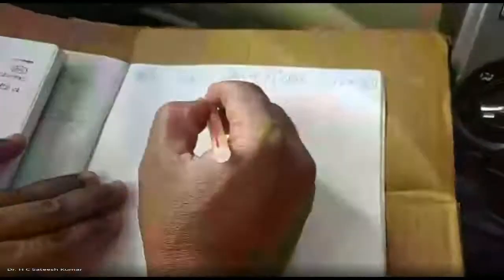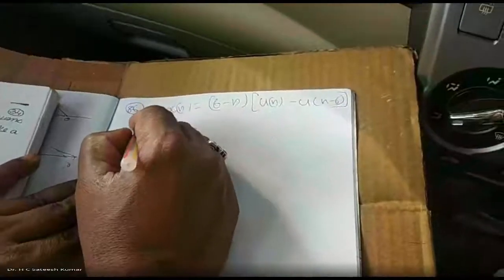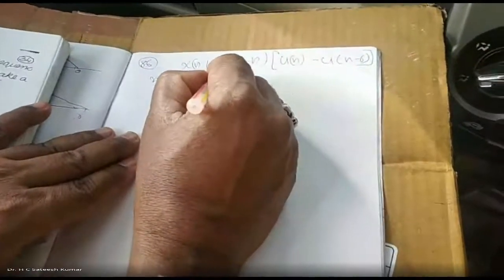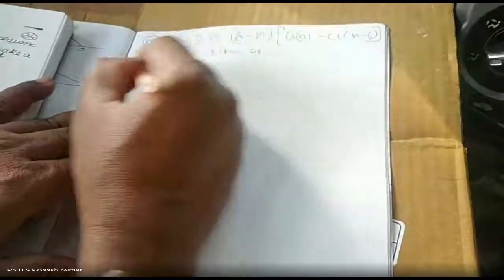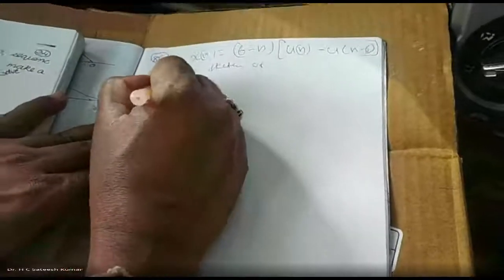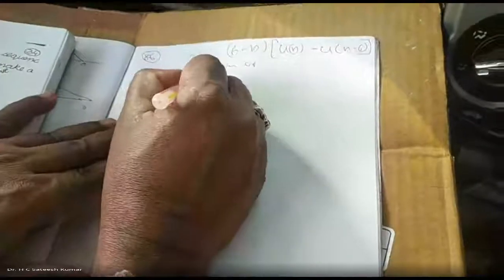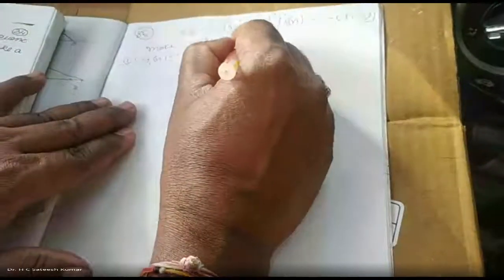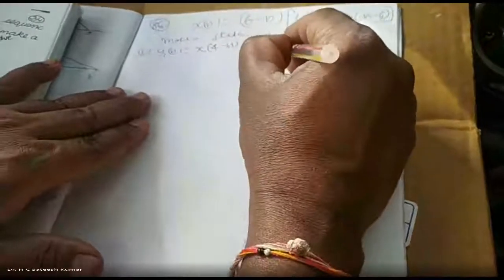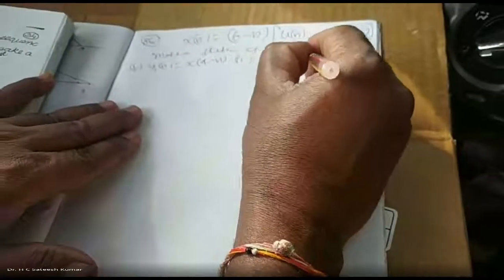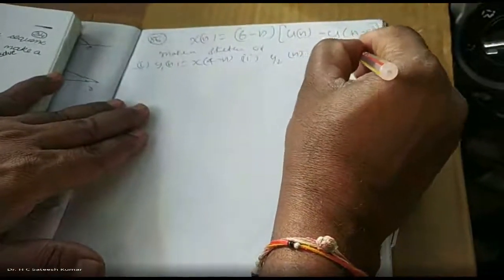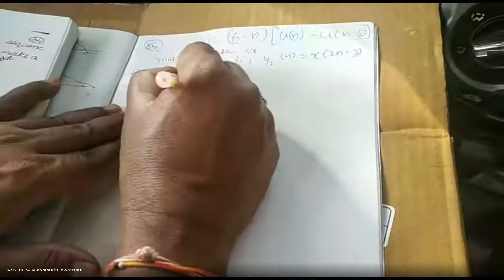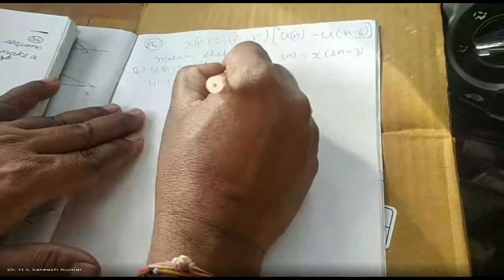Sketch the signal, make a sketch of it, he said. Make a sketch of the first one, y1 of n is equal to x of 4 minus n. Second one, y2 of n is equal to x of 2n minus 3. And third one, y3 of n is equal to x of n plus 2.